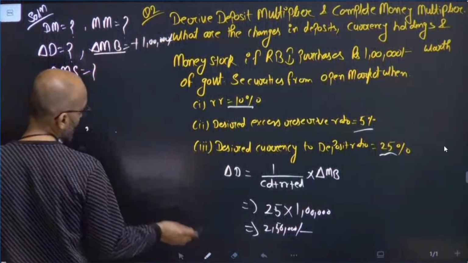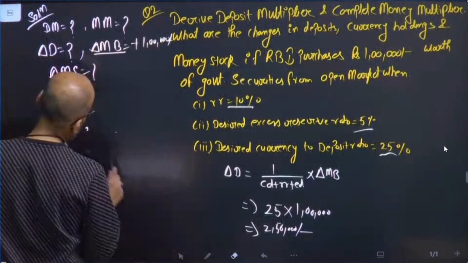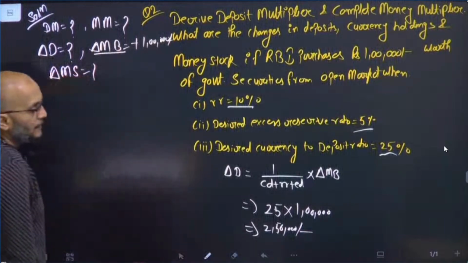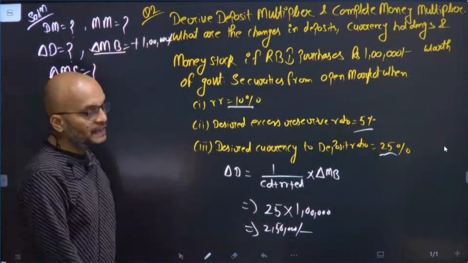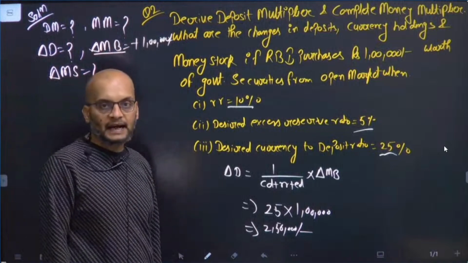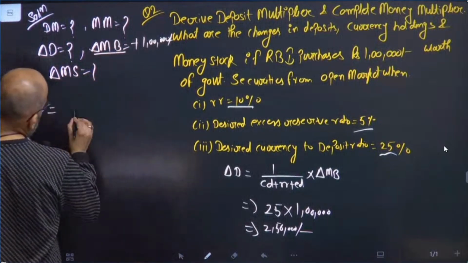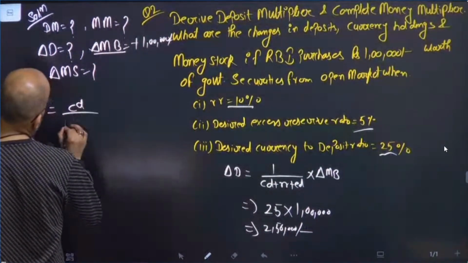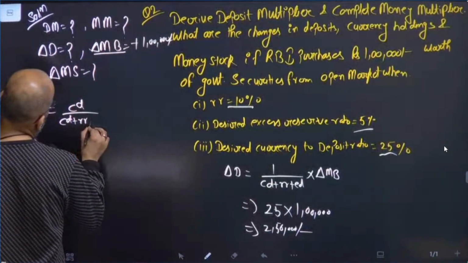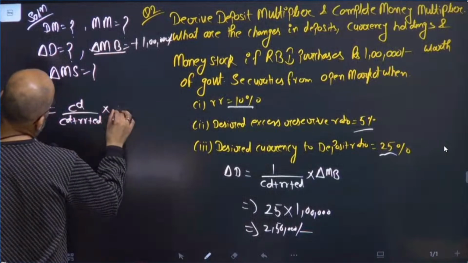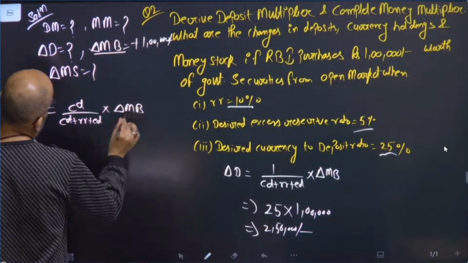So delta C is currency multiplier into change in monetary base, delta MB. And what is currency multiplier? It is CD upon CD plus RR plus ED into delta MB.